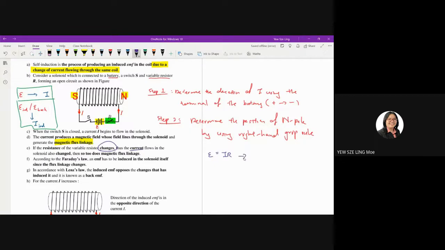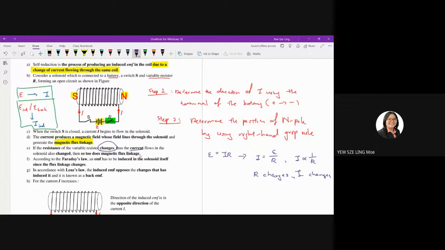Therefore, now you have I equals EMF over R, meaning that I is inversely proportional to R. So when R changes, I changes, based on the equation V equals IR. You're using a variable resistor and you have a fixed EMF. Therefore, when R changes, I changes. And what happens when I changes?